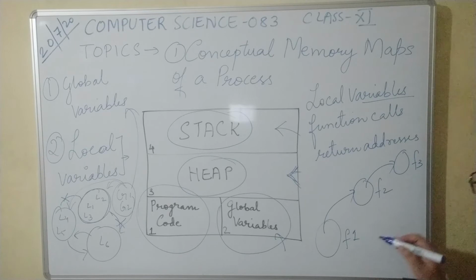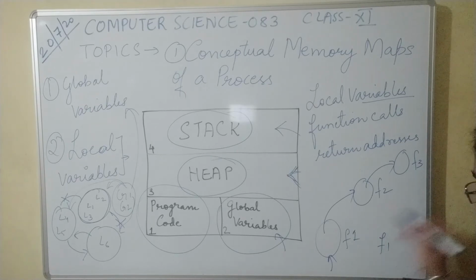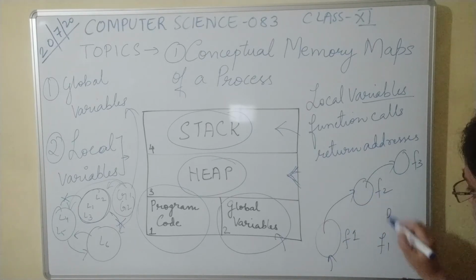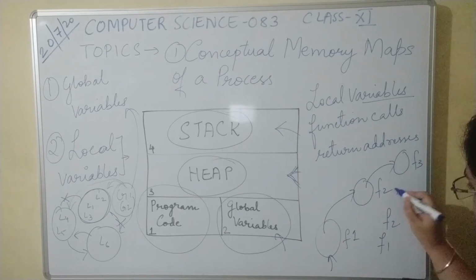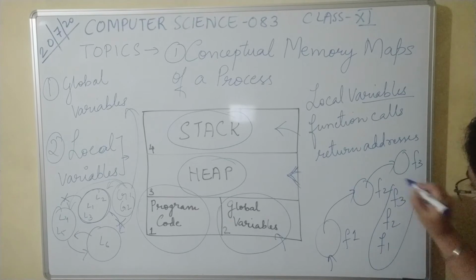So when first function 1 is called by us when we execute the program, it goes into the stack like this. After this, function 1 is calling function 2. Function 2 is again put onto the stack. Then function 3 is called, function 3 is put into the stack.